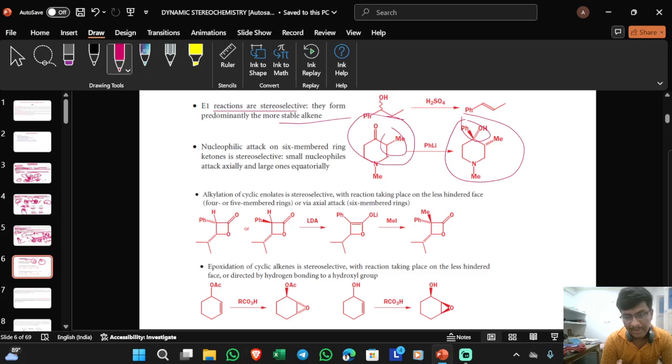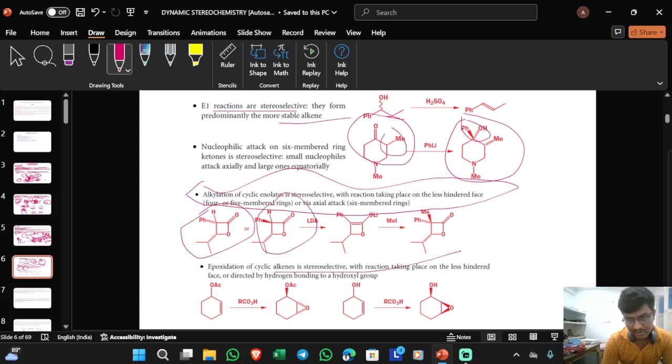These mechanisms are easy, but they are not actually required at this time. Thus, I am not talking about this mechanism, but this alkyne, cycloethanol, with a less fast five-membered ring. These are the same type of reaction. I am not talking about this mechanism, but the example is important for you.